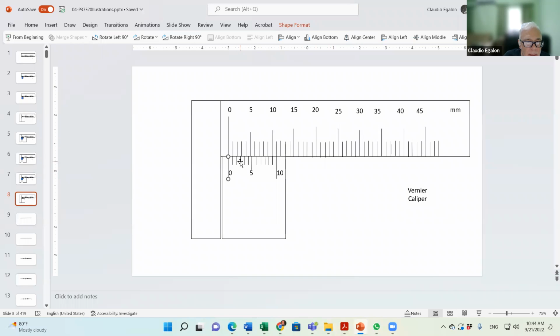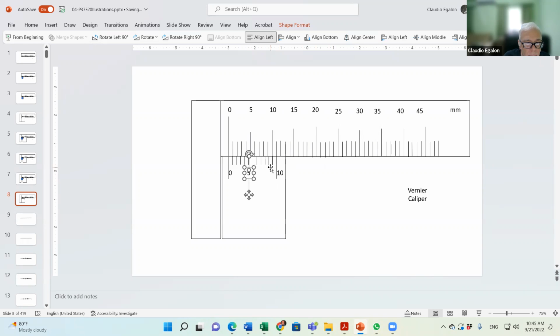So this vernier scale should have 10 divisions. Let's move it.